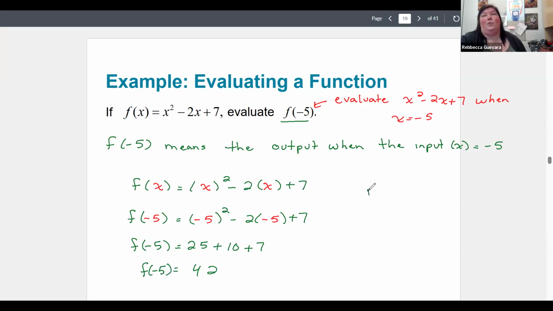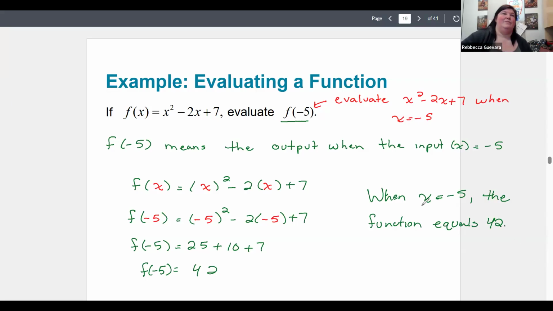So when x equals -5, the function equals 42. That is my output. And then this is my input.